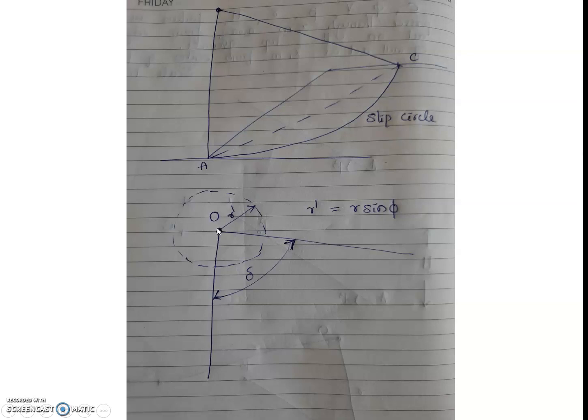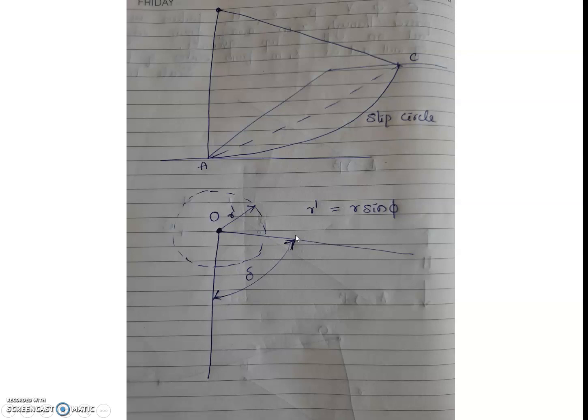Later on, from point O, draw the friction circle at radial distance R dash equal to R sine phi, where R is the radius which will be given in the problem and phi is the angle of internal friction. So R sine phi will be equal to R dash, which is the radius of the friction circle.